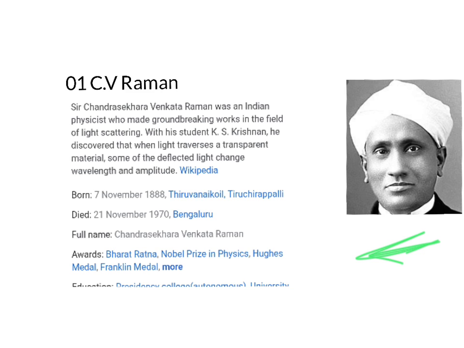C.V. Raman, born 7 November 1888 and died 21 November 1970 in Bangalore, awards Bharat Ratna and Nobel Prize in 1930 and Franklin Medal. So this was all about C.V. Raman.